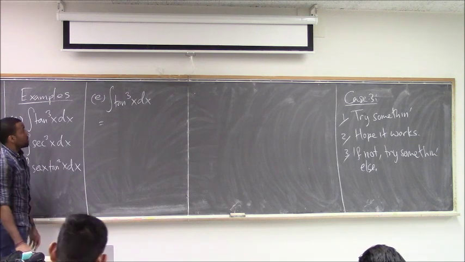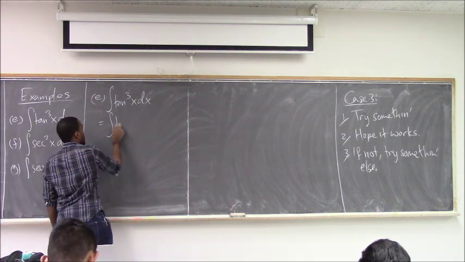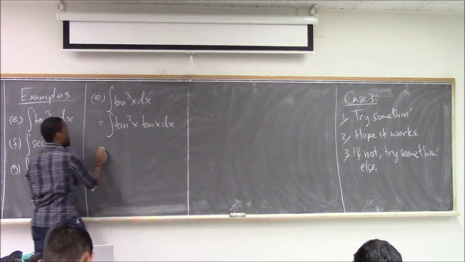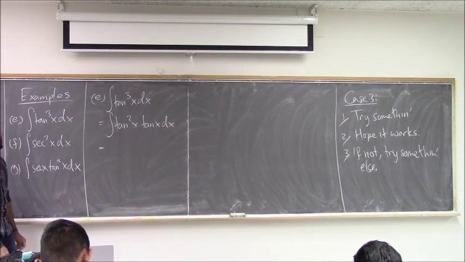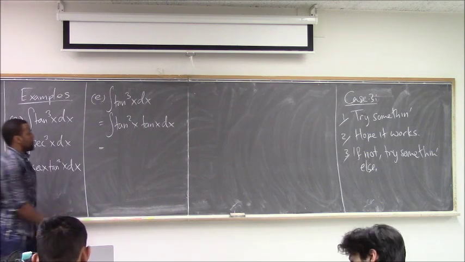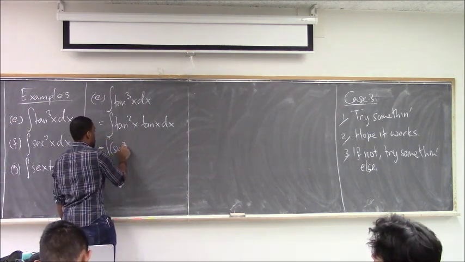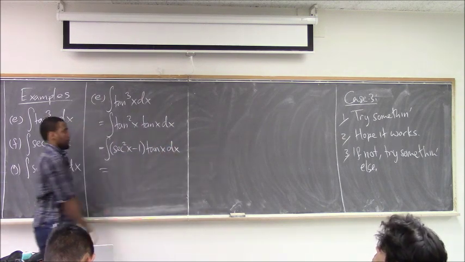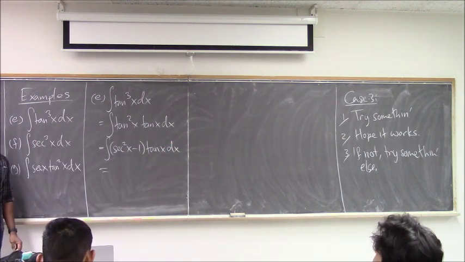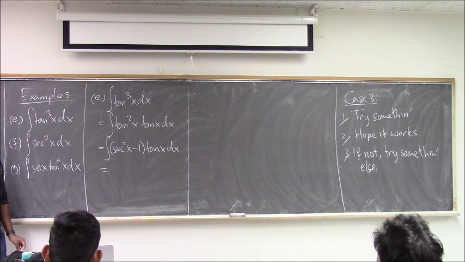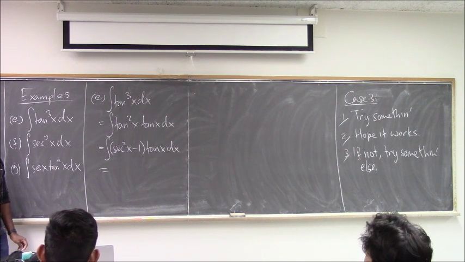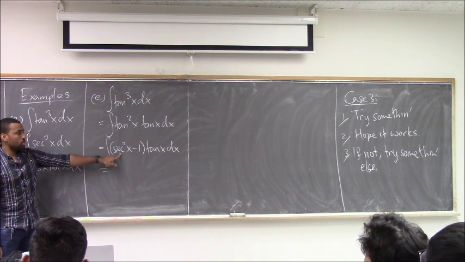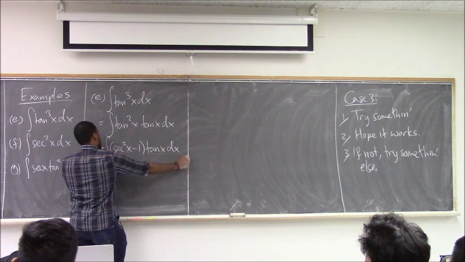So you have tan squared and tan. And then you make tan squared into secant squared minus 1. You make u equals secant. If u equals secant, your du is going to be secant tangent. You only have a tangent.